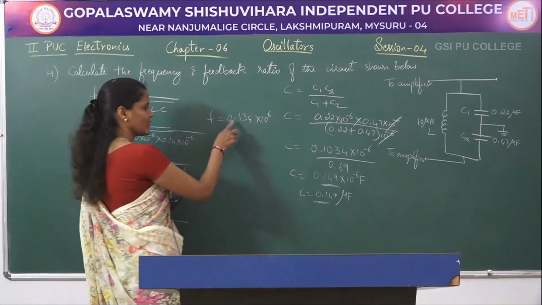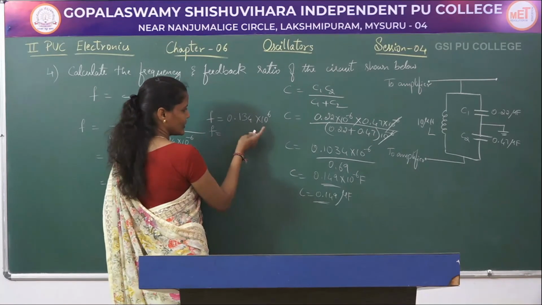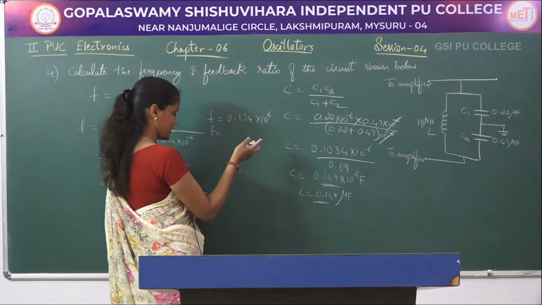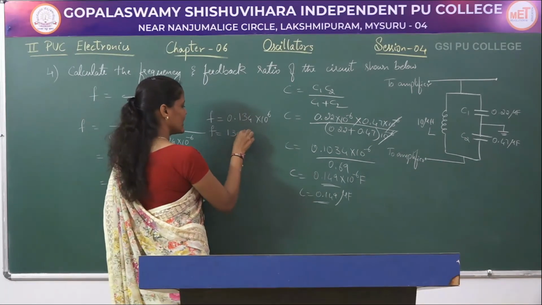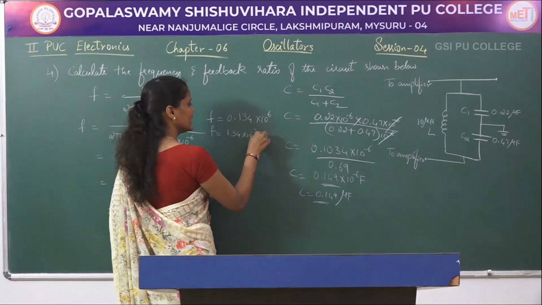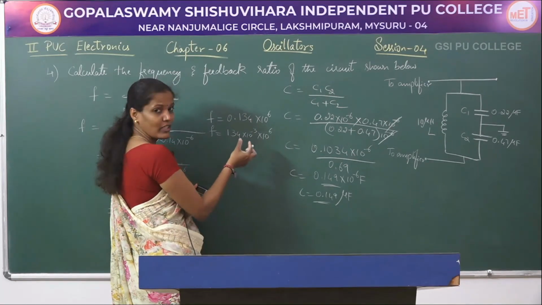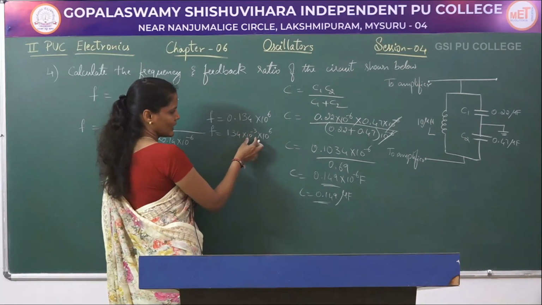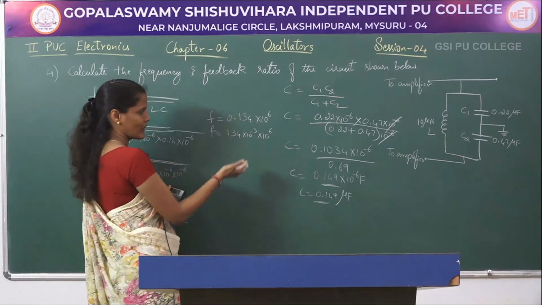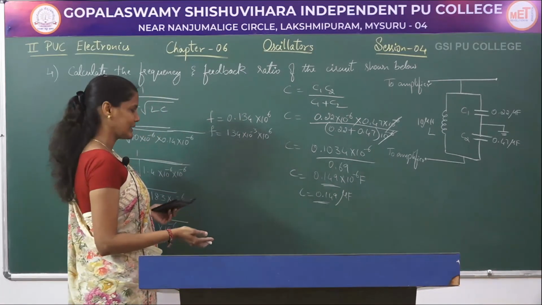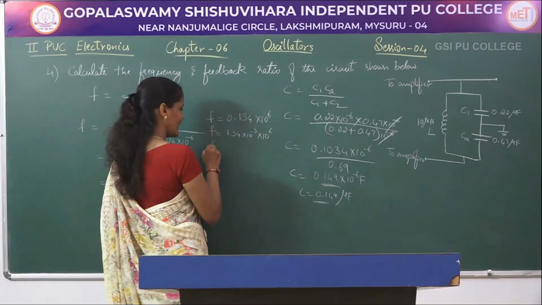So, F is equal to 0.134, or let me shift this point towards the right 3 times: 134 into 10 to the power of minus 3 into 10 to the power of plus 6. I am doing this for your convenience so that you will be able to understand how I got from 10 to the power of plus 6 to 10 to the power of plus 3, that is, how I converted mega to kilo and so on.